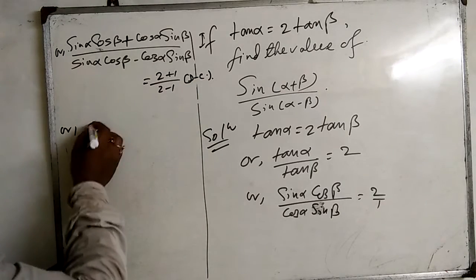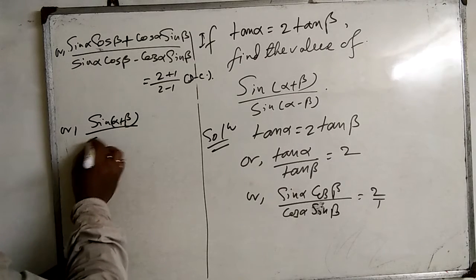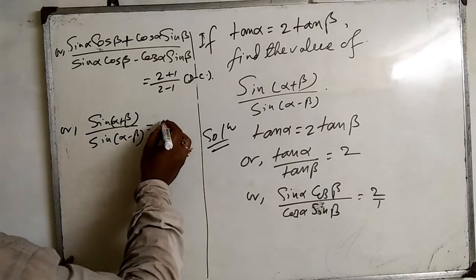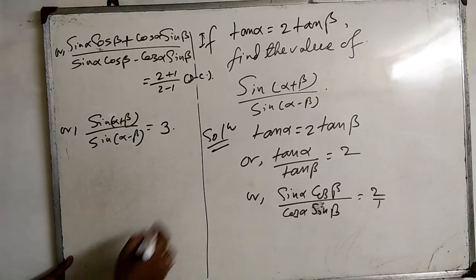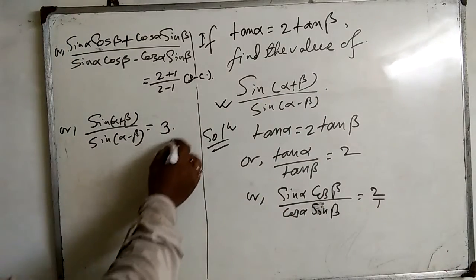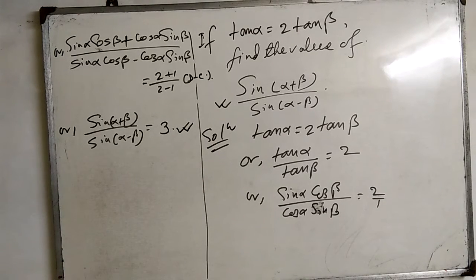Or we get here sin of alpha plus beta by sin of alpha minus beta equals 3. That means that value will be here. So very easy. Go to the next problem.